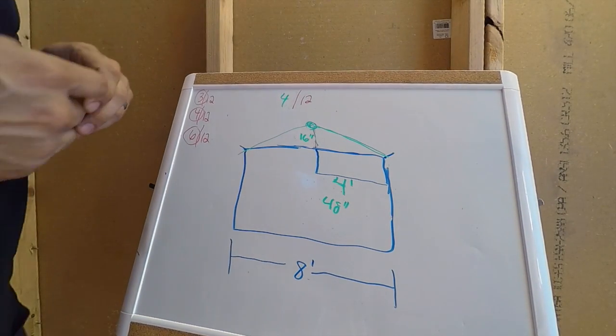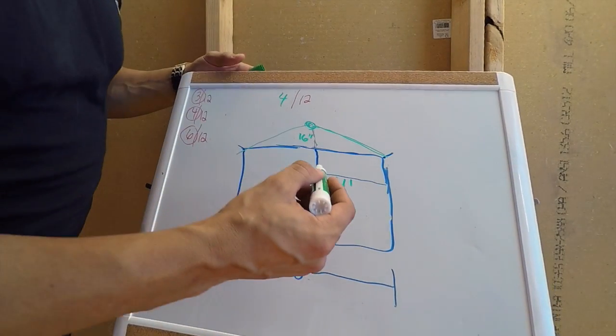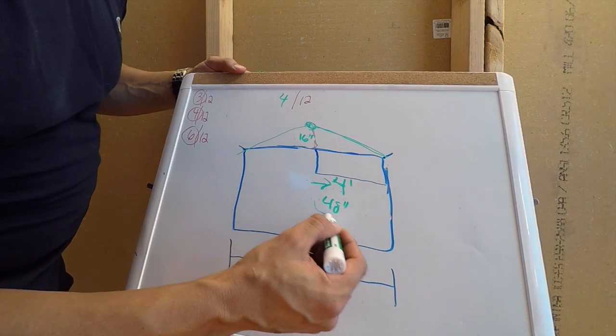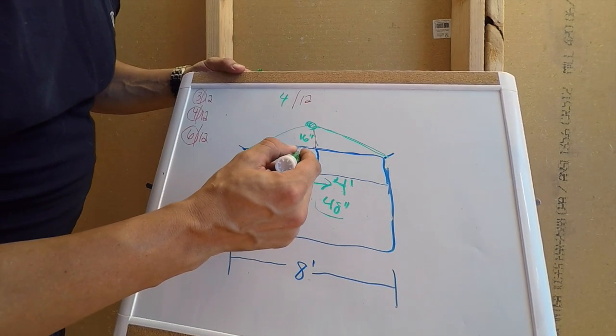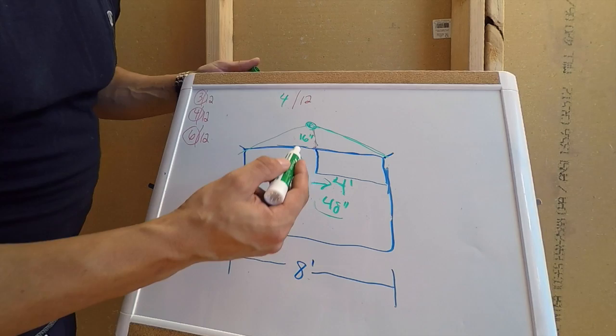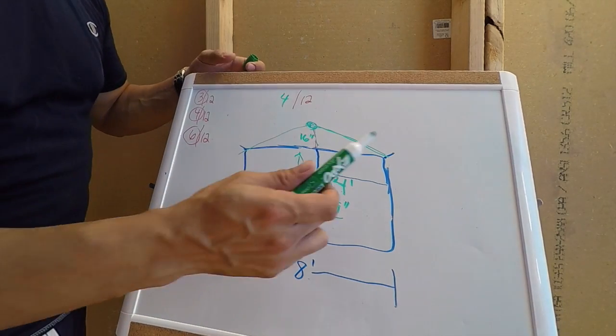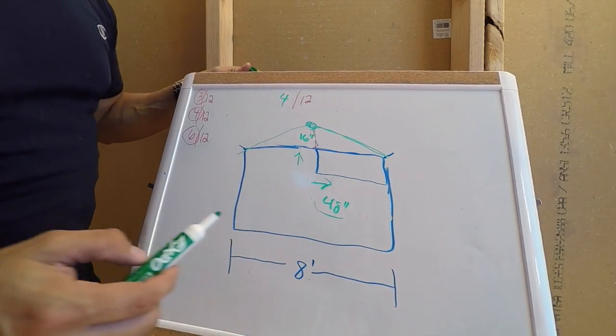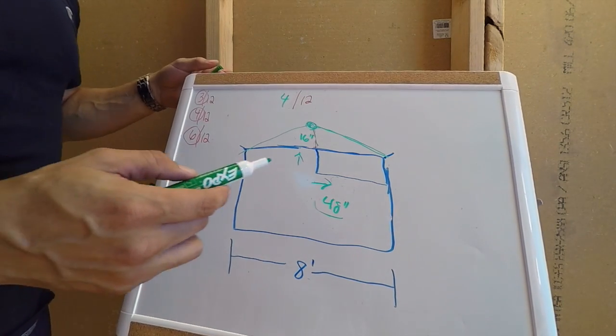The calculation we want to find, if we know what our run is, it's 4 feet or 48 inches, and we know what our rise is, which is 16 inches. Let's take the 4 feet out of the equation for right now, and concentrate on the 48 inches. Okay?